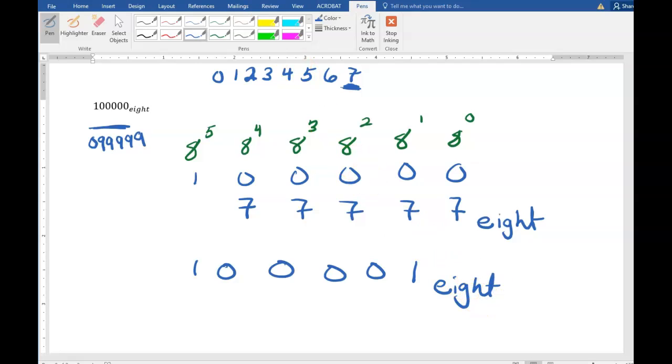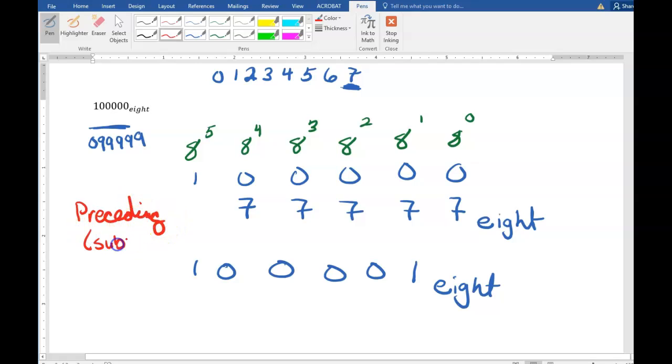So when you're doing the preceding, you are subtracting 1. When you're doing the succeeding, you are adding 1.